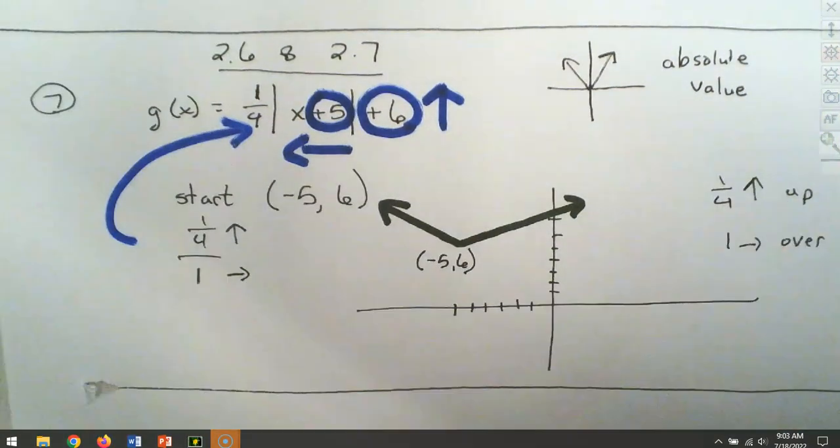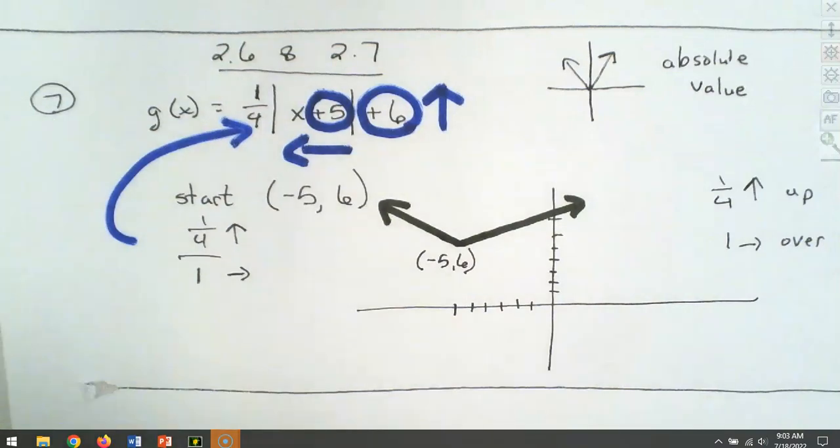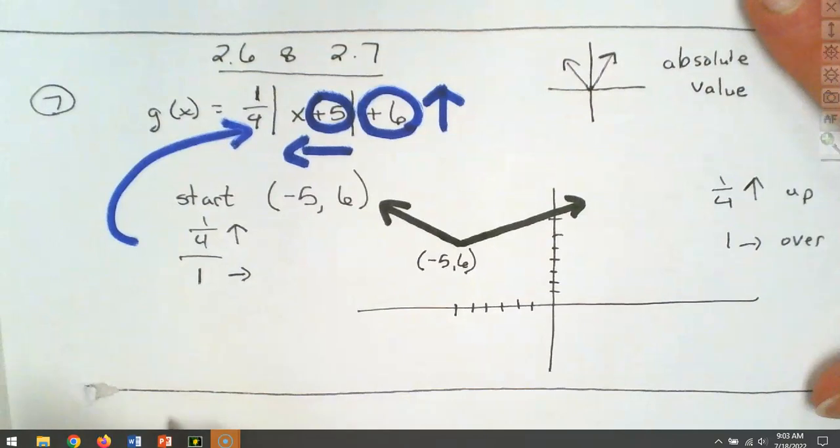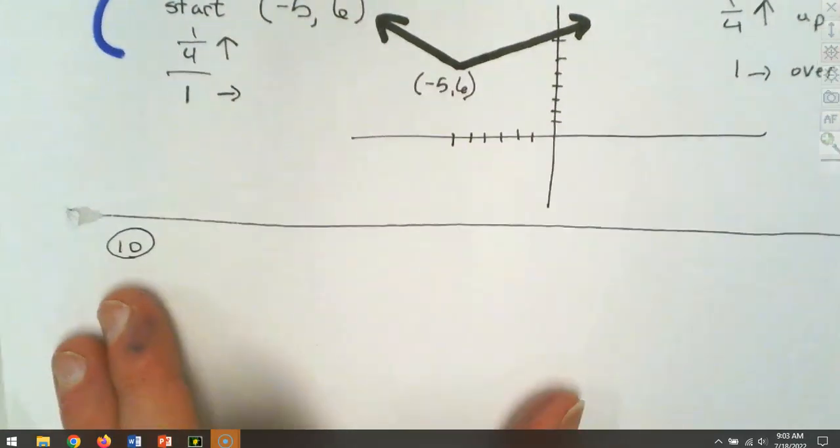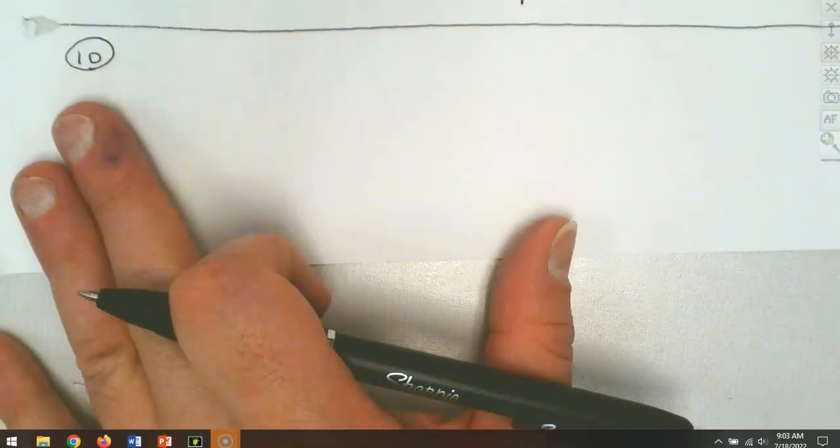We've got 3 more to look at, and now we're going to move on to question 10. For question 10, all I want you to tell me is what's happening to this graph.